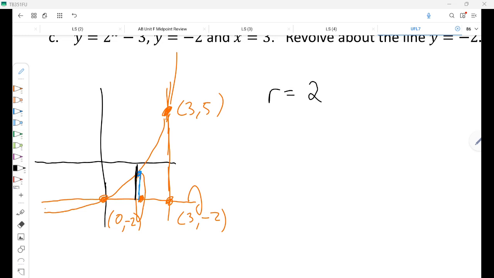But the function value is negative. Well, then that would actually, because that'd be less than 0, it already is negative. So the radius here actually is 2 plus f of x.